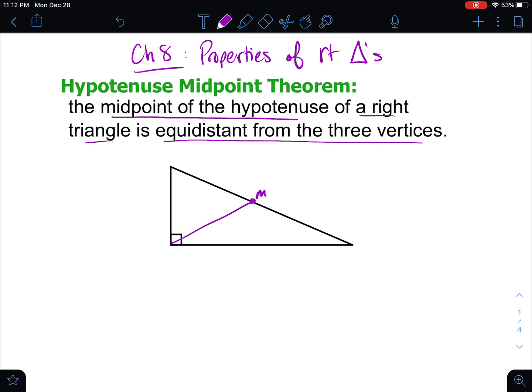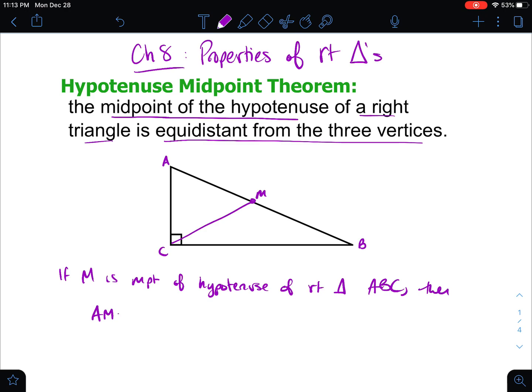So what that says is, if M is the midpoint of the hypotenuse of right triangle ABC, then AM equals MB equals MC. All three of these lengths are the same.